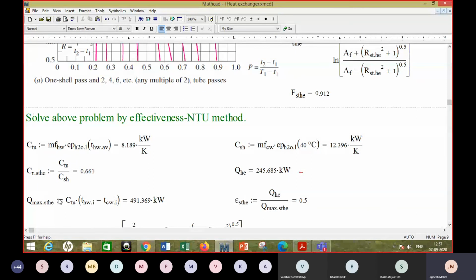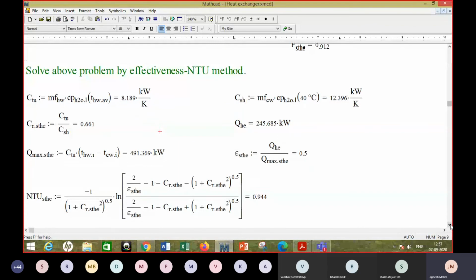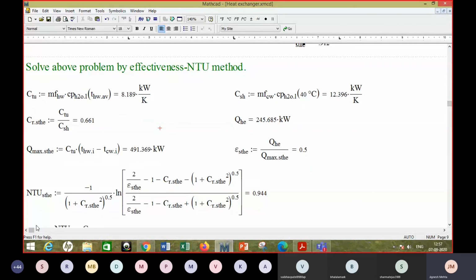So here, Q maximum also can be found, that is C minimum into the hot water inlet minus cold water inlet, right? So you can get the effectiveness, and then there are also relations available in this form, that is NTU is given as a function of CR and effectiveness, right?